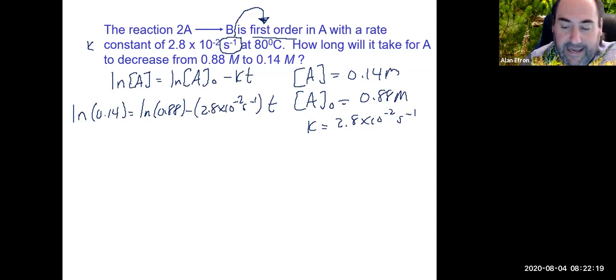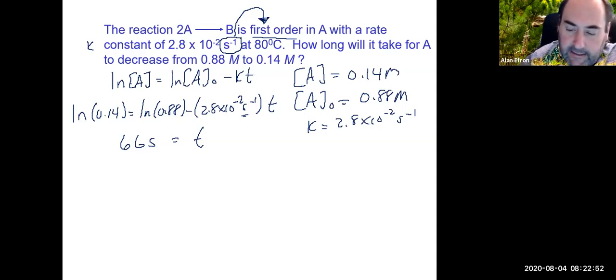Take the natural log of 0.14 and subtract the natural log of 0.88 from it. Then divide by 2.8 times 10 to the minus 2, which gives us something in the ballpark of about 66 seconds.